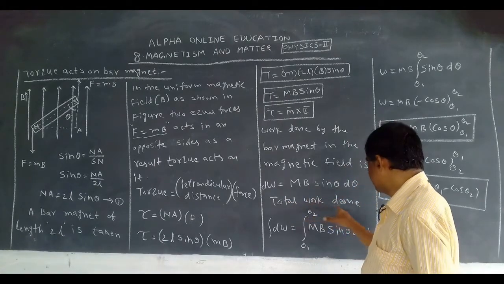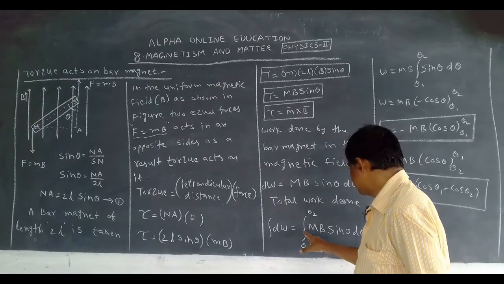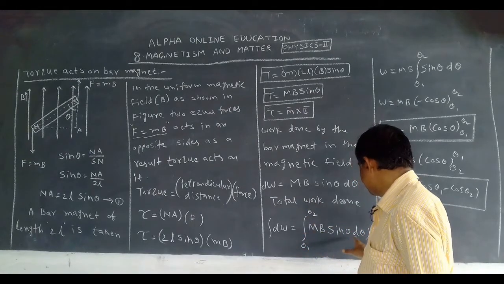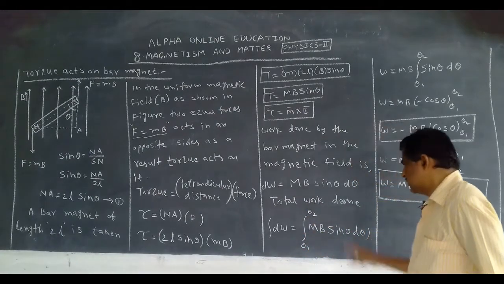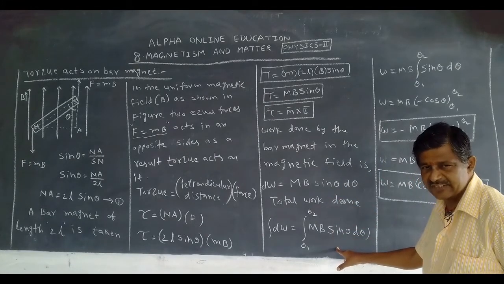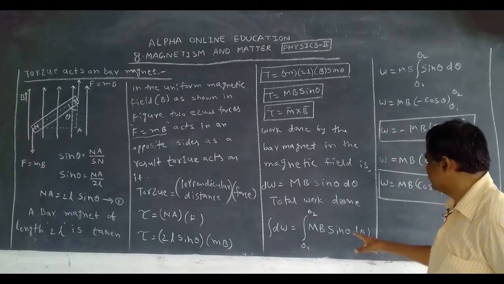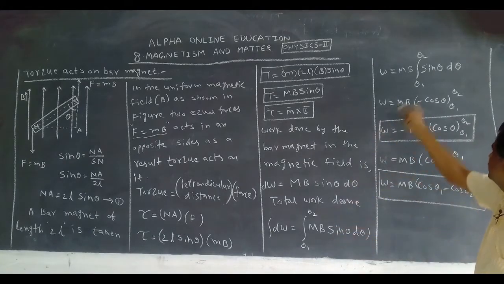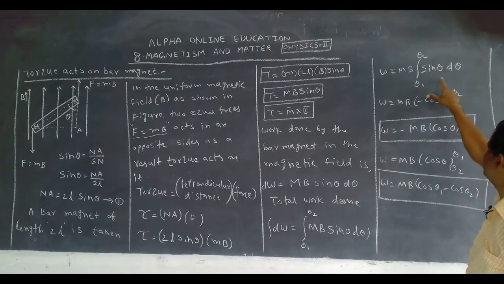Okay, total work done: dW is equal to integral of MB sin theta d theta. This is only for the purpose of problems that I am solving this equation. Now take MB outside. Integral of sin theta d theta is how much?